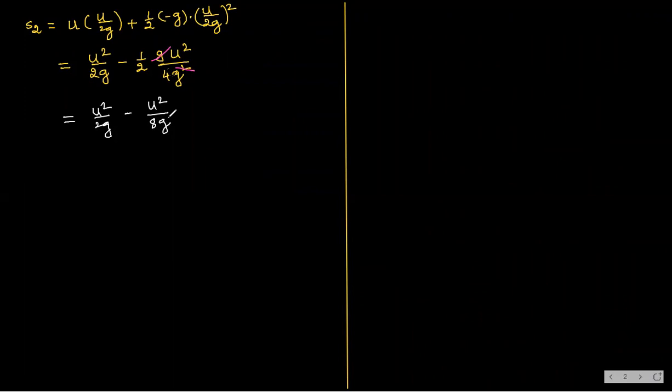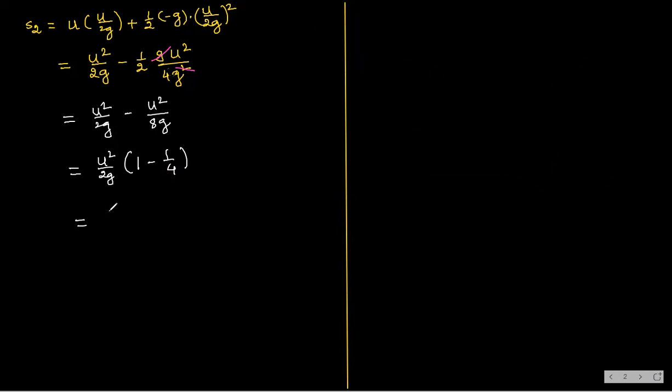Is it correct? Now let's take u square by 2g common. What is left? 1 minus 1 by 4. Check it. u square by 2g into 1 minus 1 by 4. Yes, no?